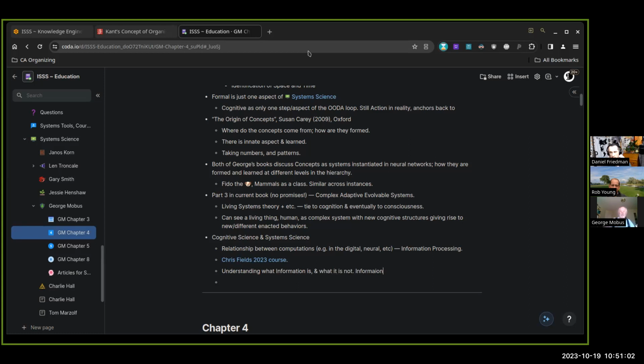But anyway, once we do that, then it's possible to look at how the brain is processing these concepts, how it learns, and treat it as one of these complex, adaptive, and evolvable systems. By the way, that's what I call an archetype model.